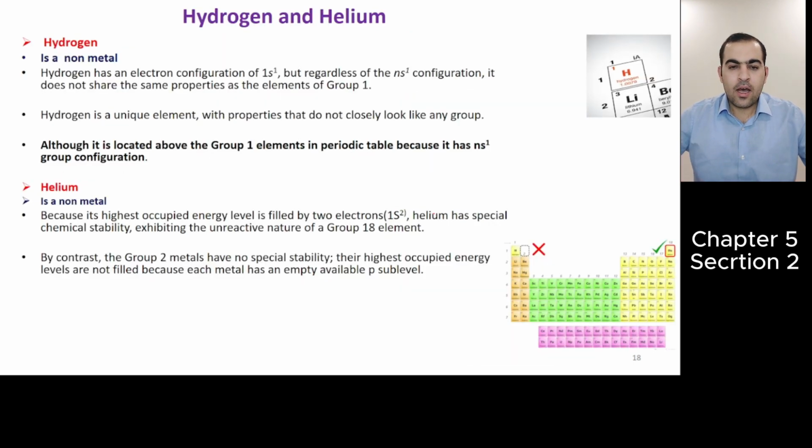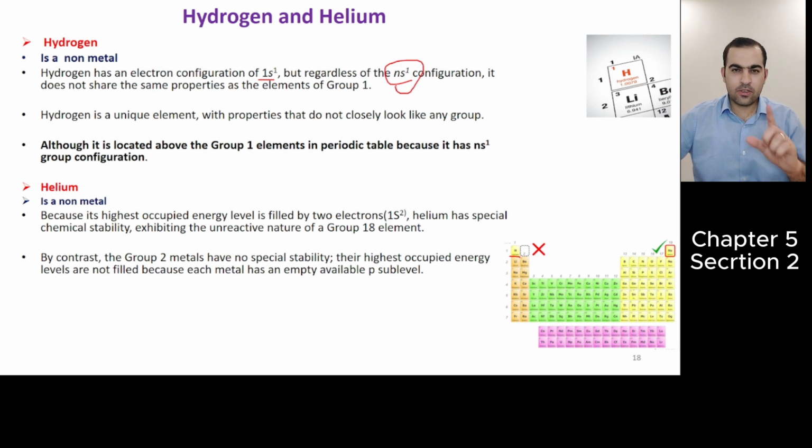Hydrogen and helium. Hydrogen, we know, is placed above group 1. We can say it's group 1, but its properties are not like any other group. It is placed above group 1 because hydrogen has only one valence electron, 1s1, its electron configuration. Its group configuration is like group 1, isn't it?